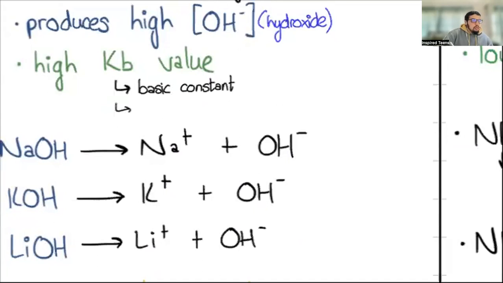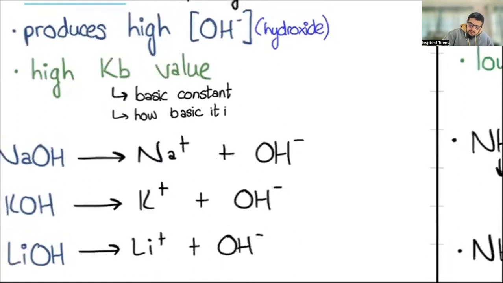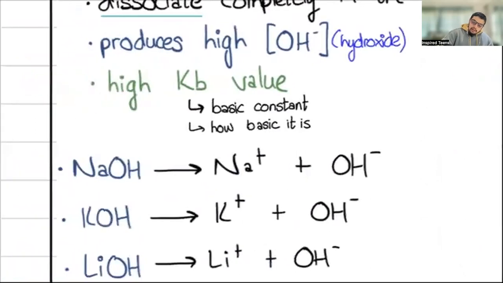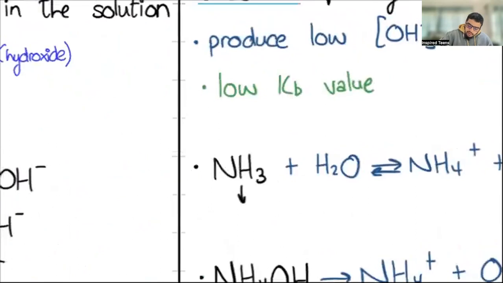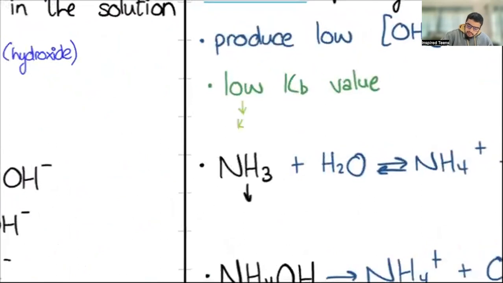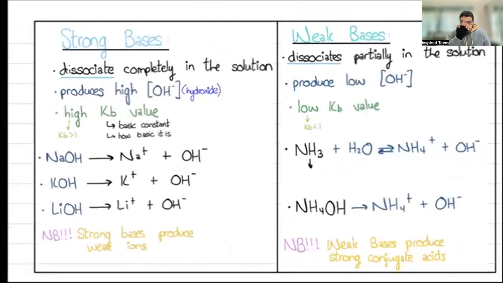That tells you how basic your base is essentially. A high Kb value would be considered a Kb value greater than 1, and a low Kb value would be considered a Kb value less than 1. So keep that in mind. Similar to our acids, it's just that now we have Kb instead of Ka.